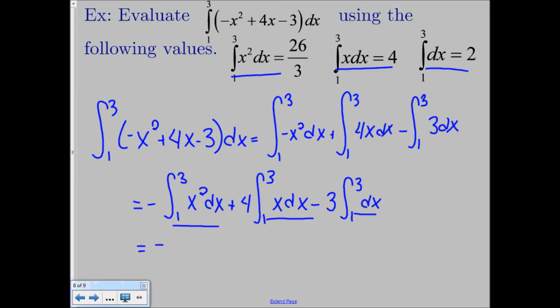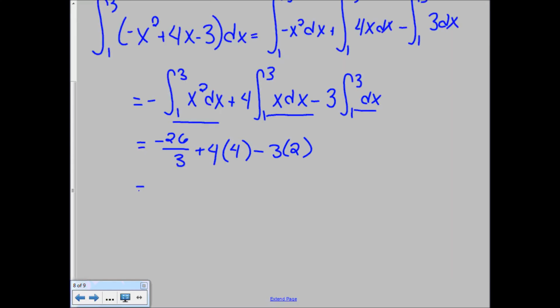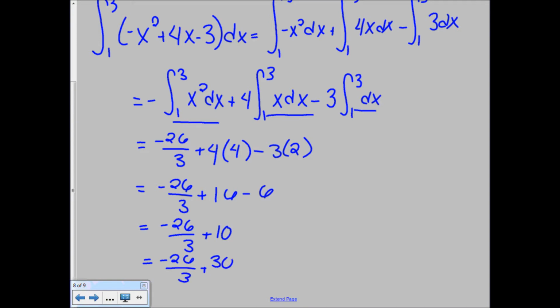So we're going to get negative 26 thirds plus 4 times 4 minus 3 times 2, which is just negative 26 thirds plus 16 minus 6, which is negative 26 over 3 plus 10, which is negative 26 over 3 plus 30 over 3, which is going to be equal to positive 4 over 3.